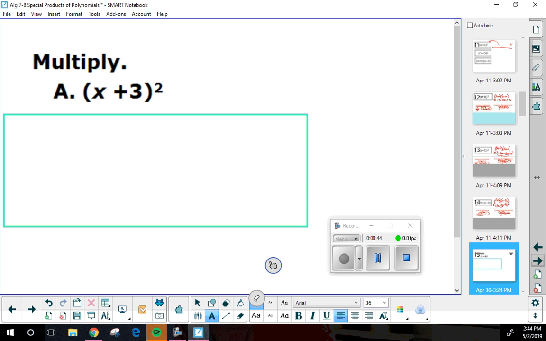Okay, so look at this example. This example is (x plus 3) squared. Are you going to get this little shortcut from the first, the middle, or the last example? The first one. And the first one says the shortcut is a squared plus 2ab plus b squared. So I look at the first term, which is x, so x squared.